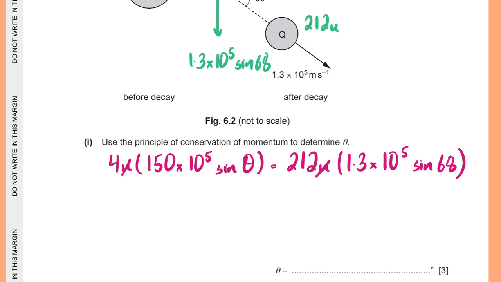So 4 × 150 × 10^5, this is 6.0 × 10^7 sin theta, equals 212 × 1.3 × 10^5 × sin 68.